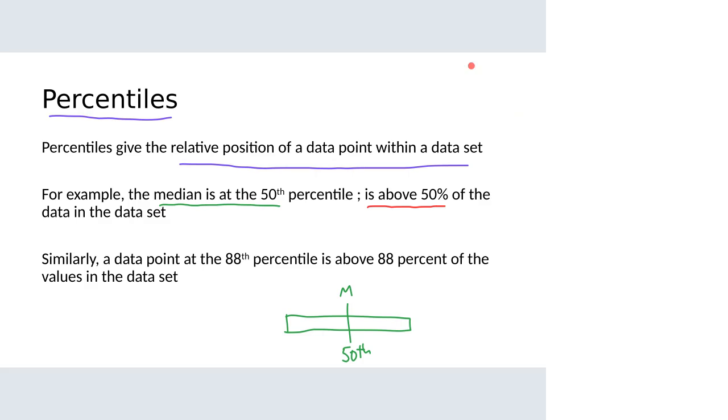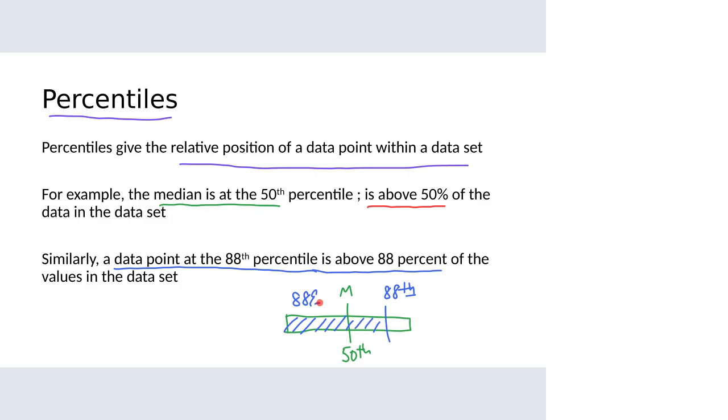Along those same lines, a data point that's at the 88th percentile is above 88% of the values in the data set. So if you have a data point that's over here at the 88th percentile, what that means is it's above 88% of the data points.